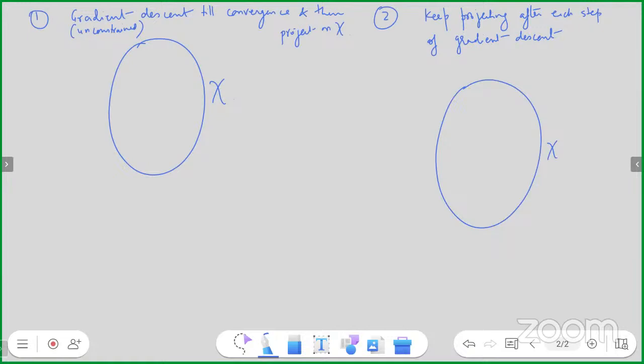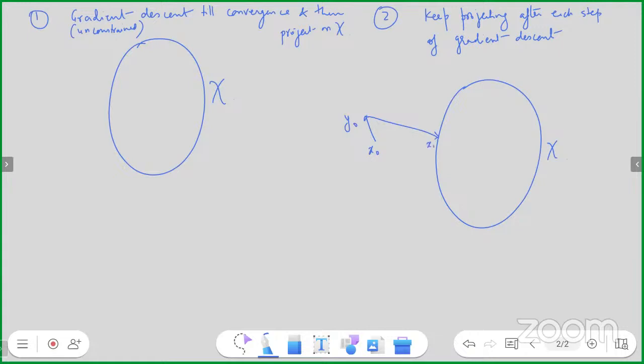Suppose you start here, let's say your x0. You go in the direction of the gradient, this is your y0, and then you project back to get your x1.